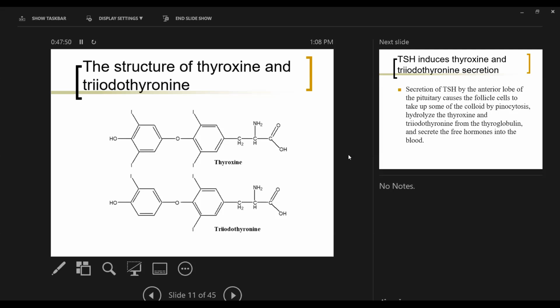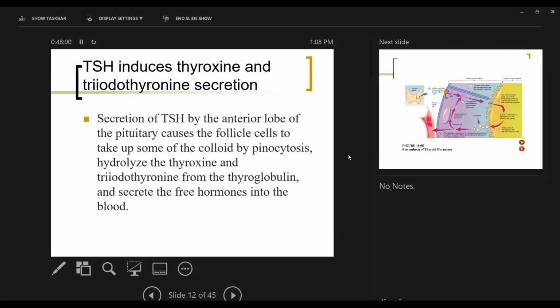This one, thyroxine, has 4 iodines, triiodothyronine has 3, T3 and T4. And that uptake and secretion is stimulated by TSH. The TSH receptor, by the way, is a G protein coupled receptor.